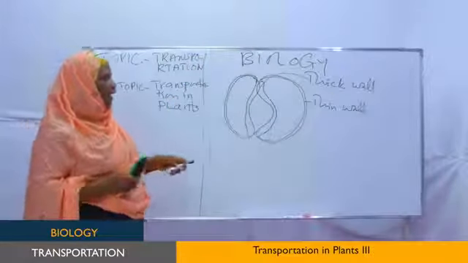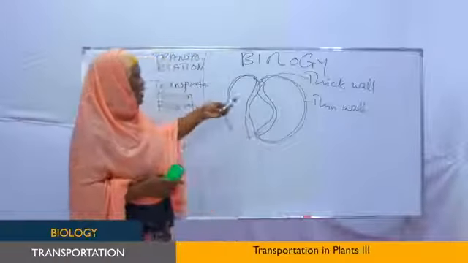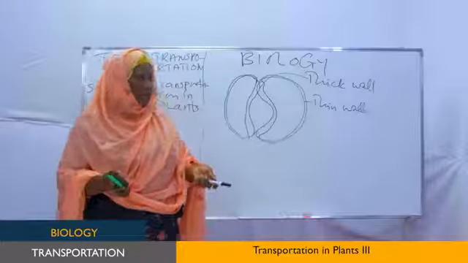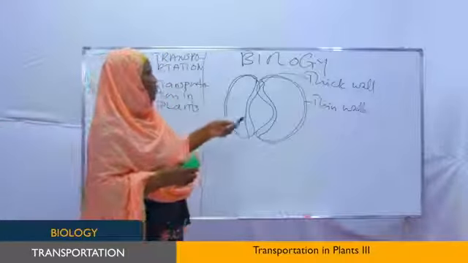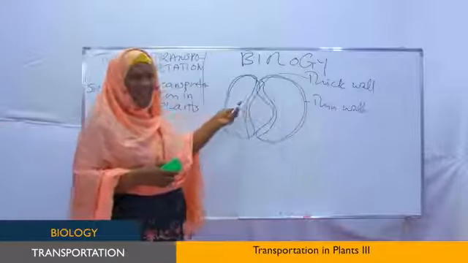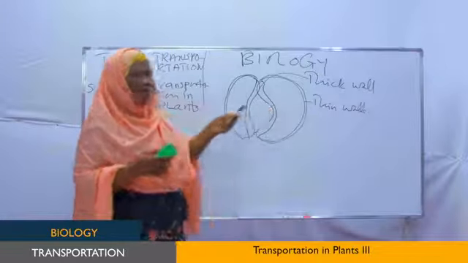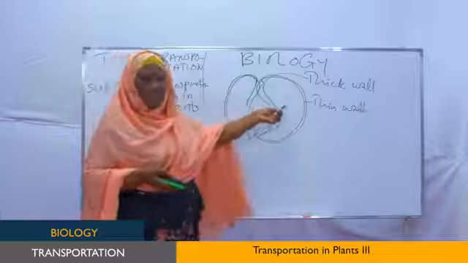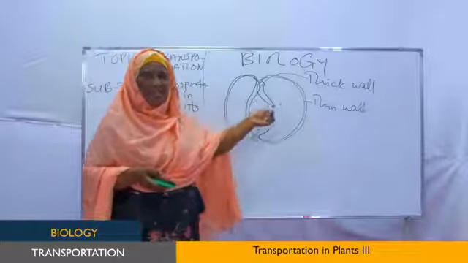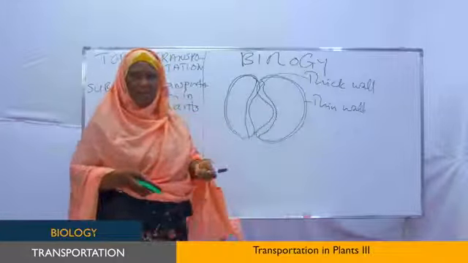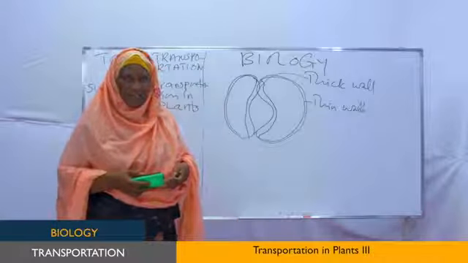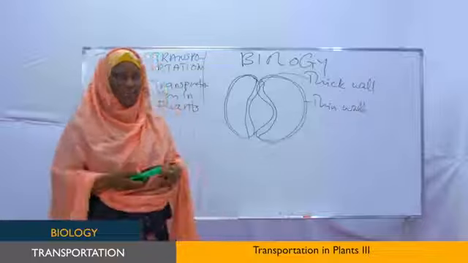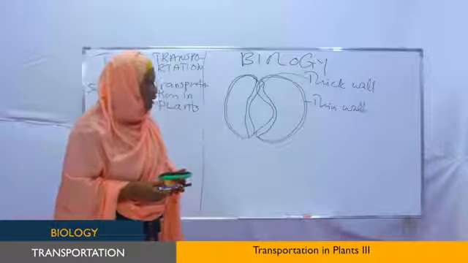Okay, now to answer question number 2 about the structure of a stoma, you are required to draw the structure like this one. We know that a stoma is made up of 2 guard cells. These 2 guard cells are epidermal cells. They play a part in controlling opening and closing of the stoma.